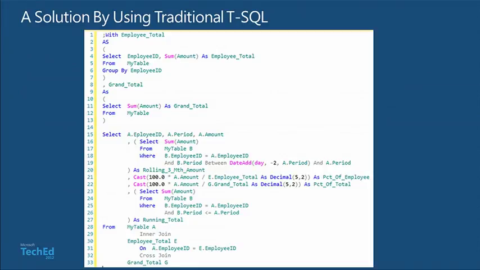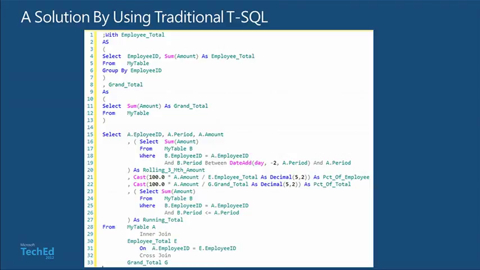We use a common table expression to calculate the employee sales total, and then we use another common table expression to calculate the grand total. After that, we use the base table to join the employee sales total to get the denominator for the percentage contribution to employee sales total. We also use a cross join to the table to get the denominator for the percentage contribution to grand total.